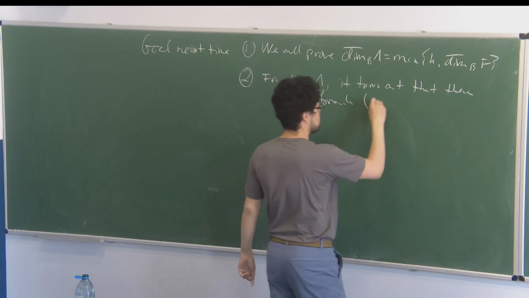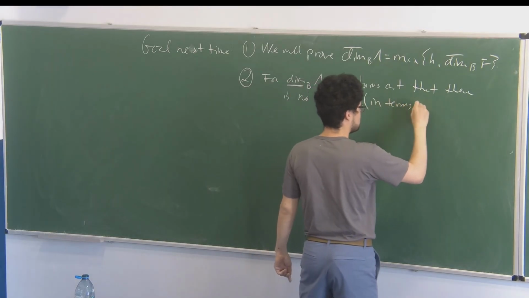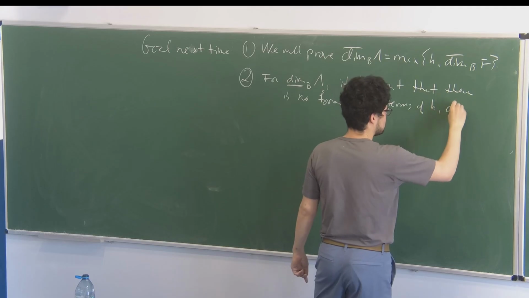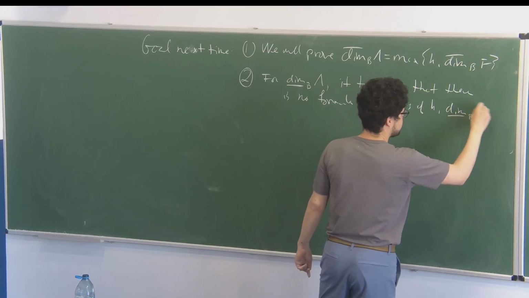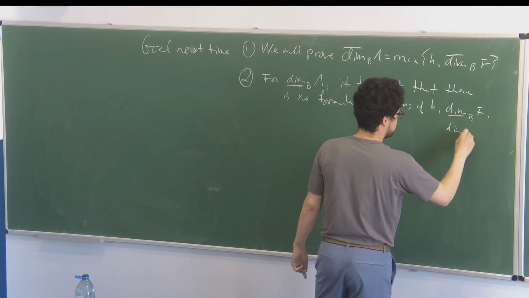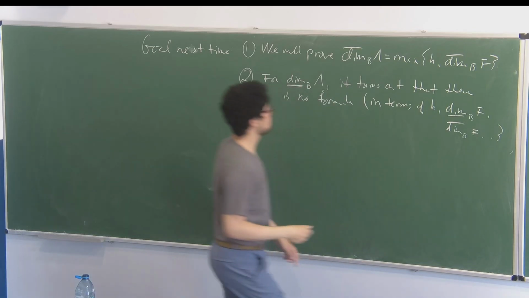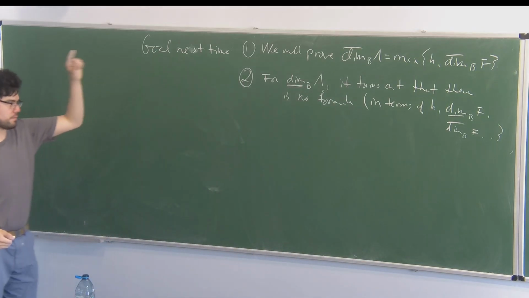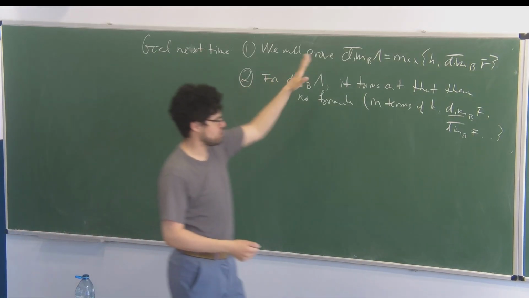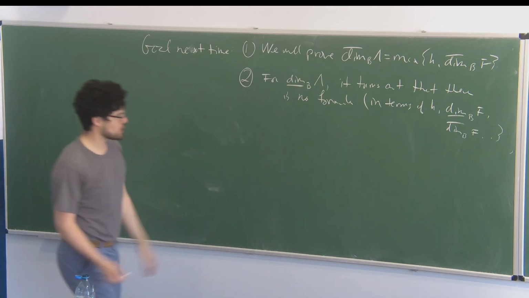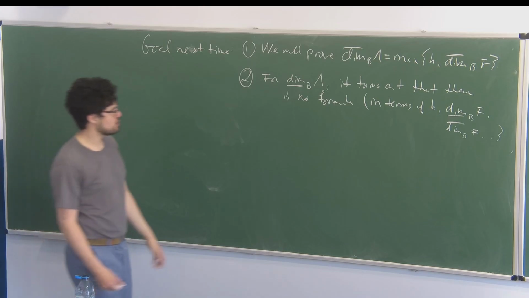In terms of h, the lower box dimension of f, and the upper box dimension of f. So even though we have such a nice formula for the upper box dimension, which we can just write down like this, for the lower box dimension this is no longer the case.